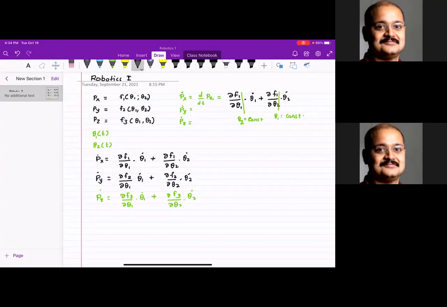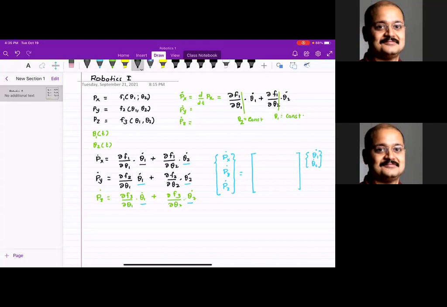Now I'm going to write down something like this in a matrix form. So please note there is theta 1 dot, and theta 2 dot. So this entire equation can be written as px dot, py dot, pz dot is equal to a matrix multiplied by theta 1 dot, theta 2 dot.